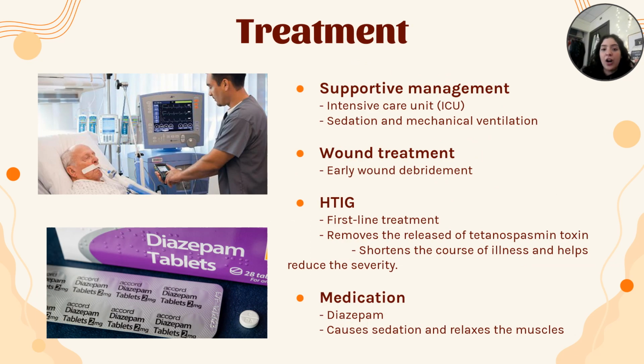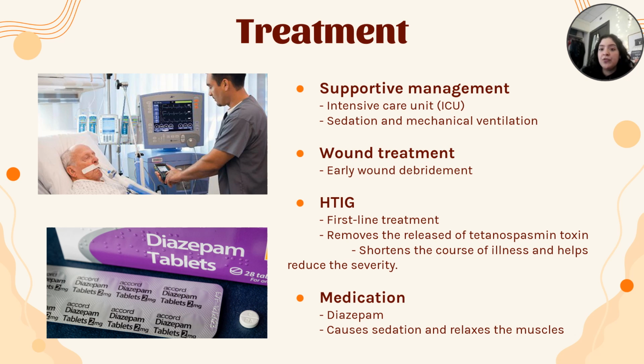So the treatments are supportive management, which is more for severe cases, and it usually consists of intensive care at the hospital with sedation and mechanical ventilation. Wound treatment, which consists of the removal of damaged or dead tissues. HTIG, which is the first line of treatment and provides passive immunization.